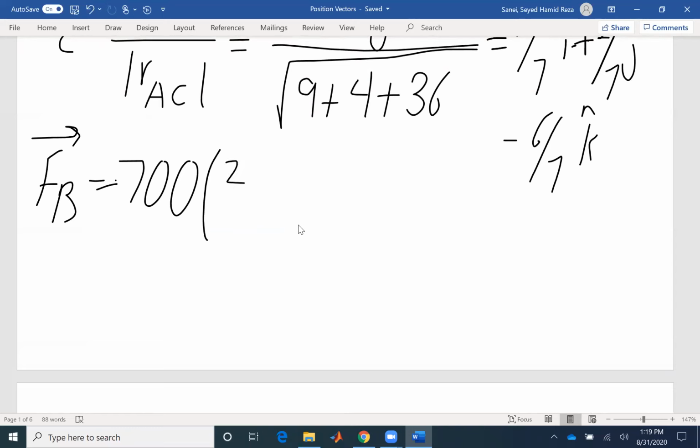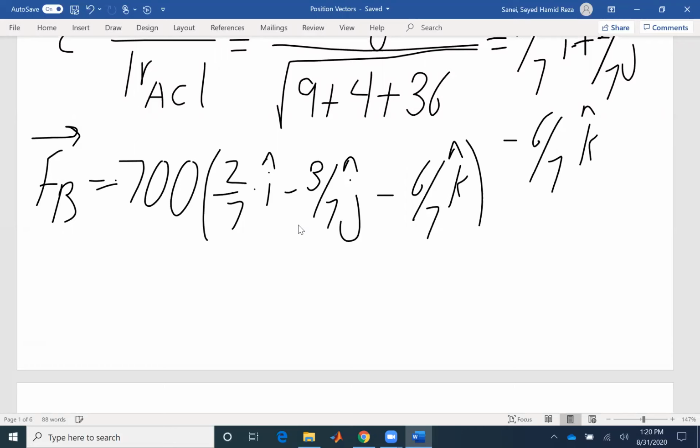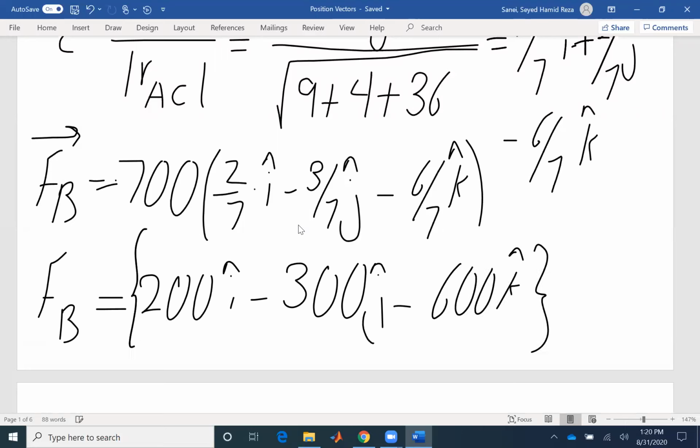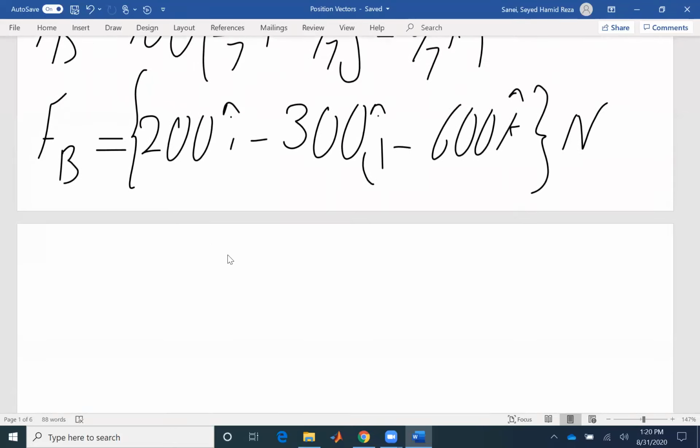So that would be 2 over 7, I found it up there, negative 3 over 7 j, negative 6 over 7 k. That gives me FB: 200i minus 300j minus 600k. So now I have my vector in Cartesian form. The unit is Newton.